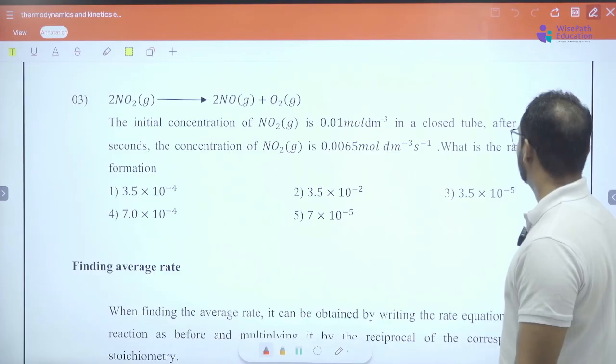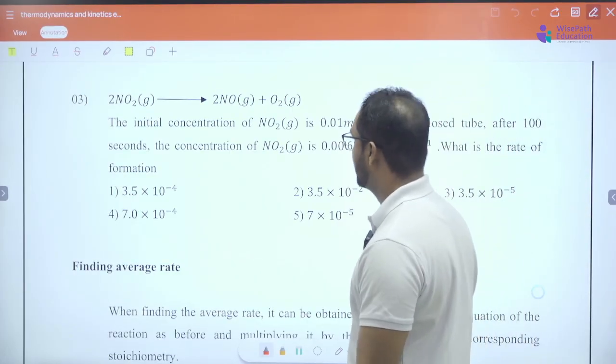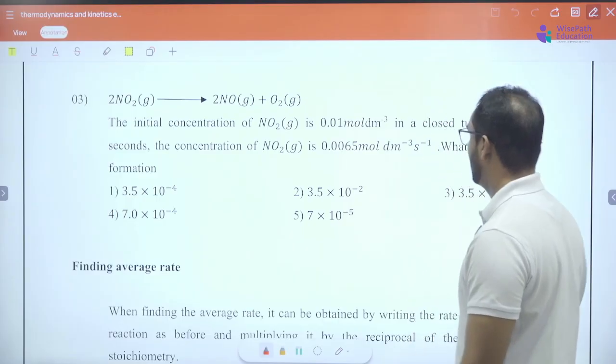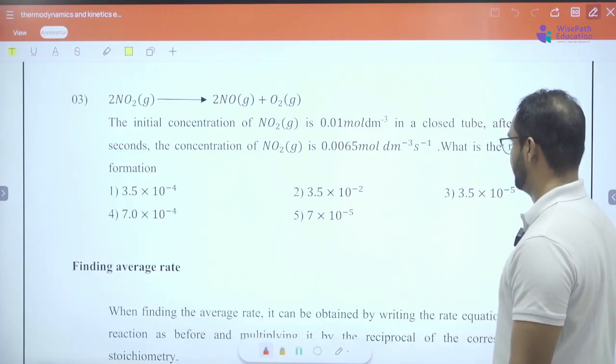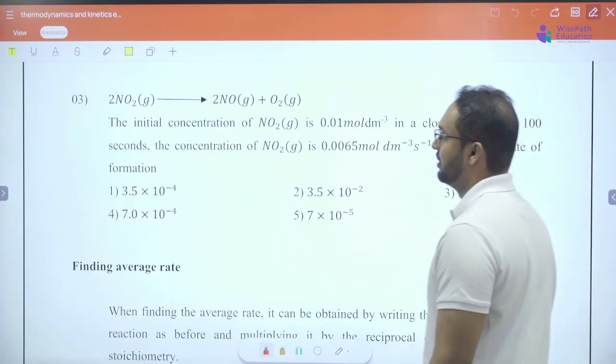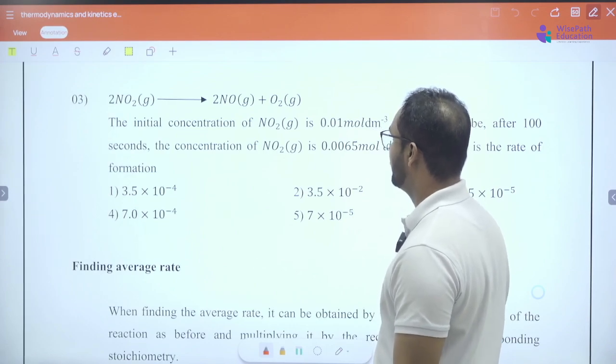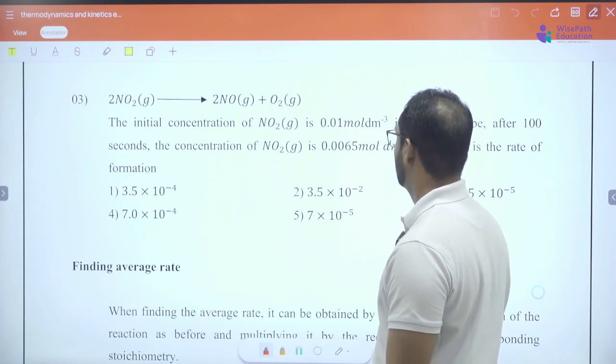In a closed tube, after 100 seconds, the concentration of the NO2 is 0.0065 moles per cubic decimeter. What is the rate of formation? They are asking what is the rate of formation, right?